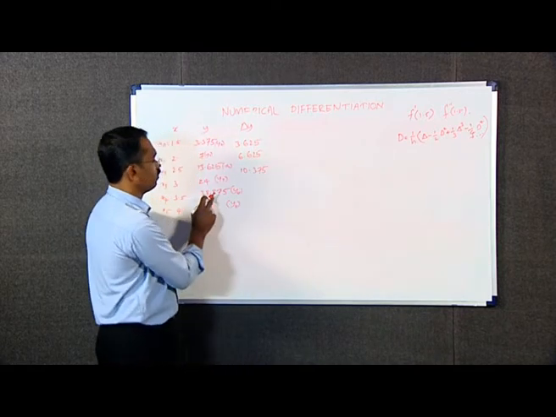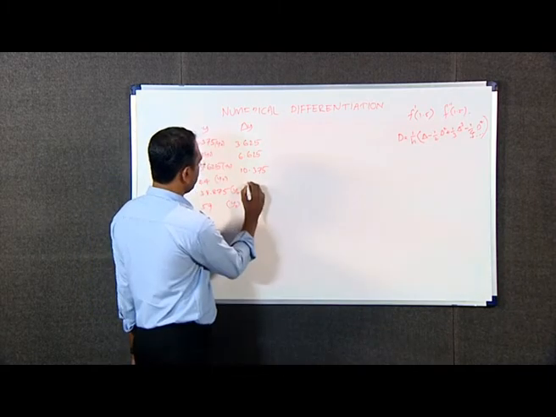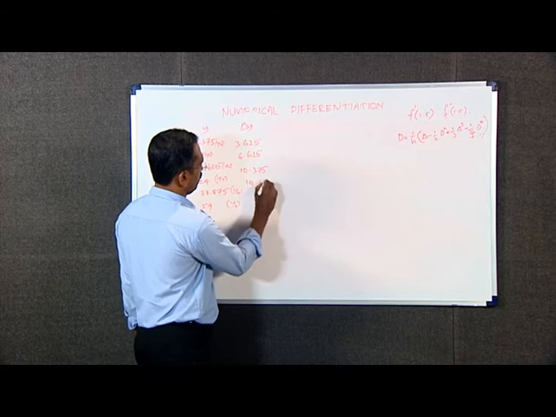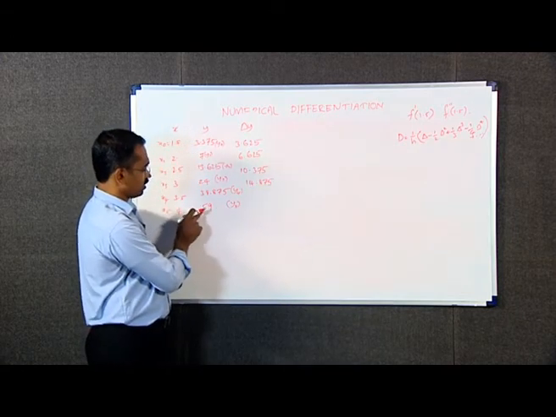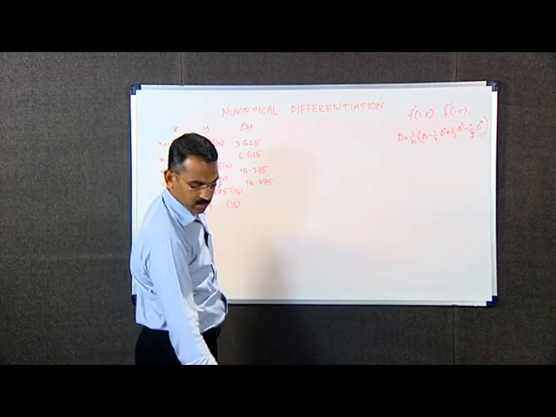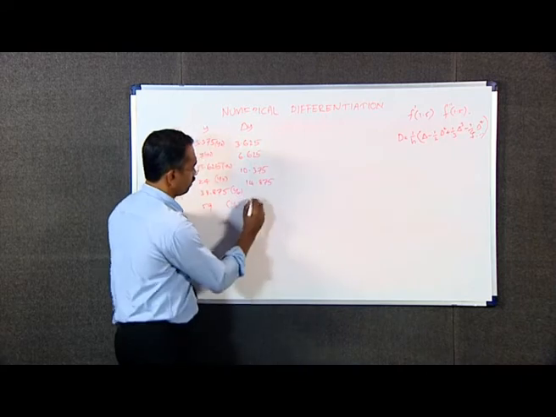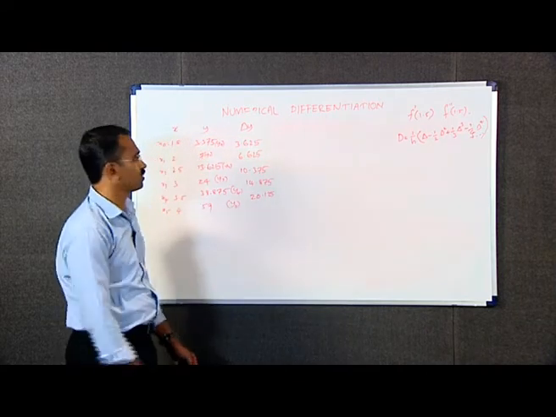Next is 38.875 minus 24, which is 14.875. The last first order difference is 59 minus 38.875, which is 20.125. These are the first differences.